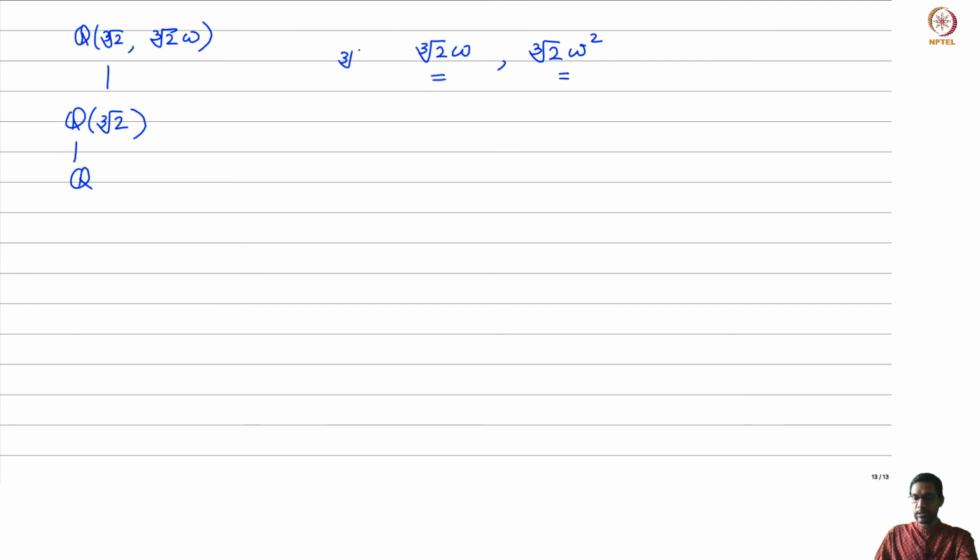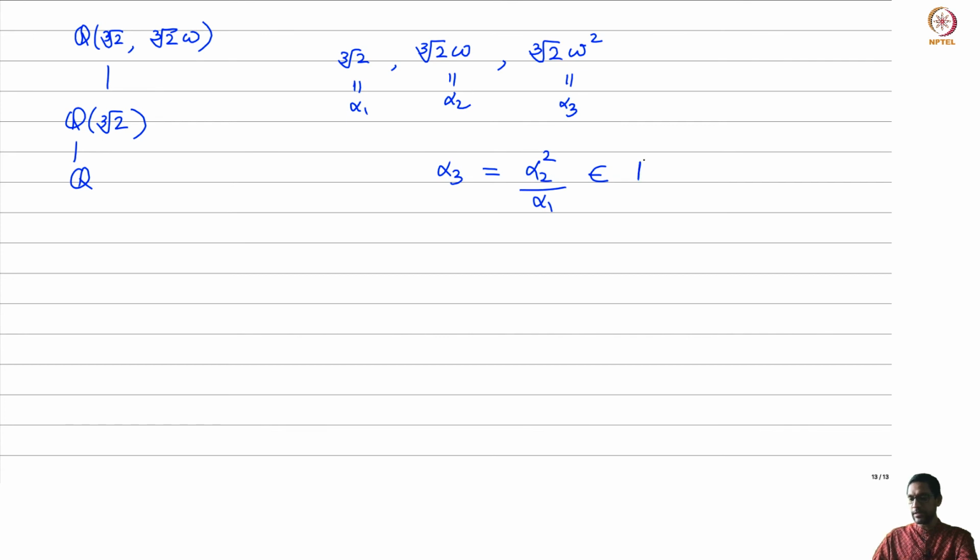Why is that? Let's give these roots names again. Cube root of 2 is alpha 1, this is alpha 2, and let's say this is the third root, alpha 3. Observe how I get alpha 3: alpha 3 is nothing but alpha 2 square divided by alpha 1. That's exactly the relationship among these three. So that just means that alpha 3 is some combination of alpha 1 and alpha 2, and in a field I'm also allowed to divide.